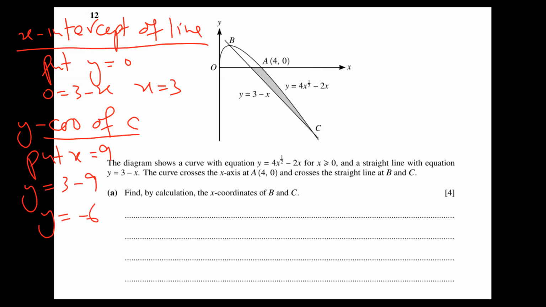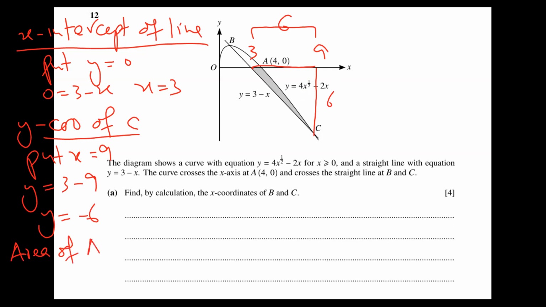The negative is just for direction because I'm going down. So this side is 6, confirmed. And the gap, this is 3 and this is 9, and the distance between them is 6. So this is 6, this is 6, half into base into height. So I can say the area of the triangle.